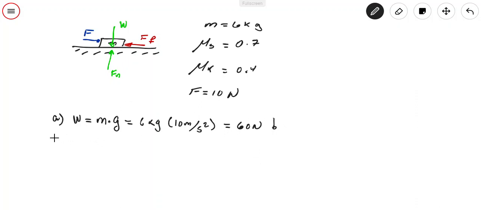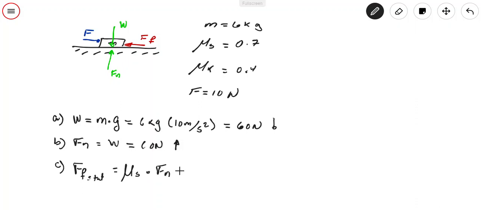Now, we can calculate the normal force, and in this case, we know that the normal force is equal to the weight. So the normal force would also be a force of 60 newtons, but the normal force would be a force pointing outward, right? Now, once we know the normal force, we know that the force of friction, in this case static, is equal to the coefficient of static friction times the normal force.